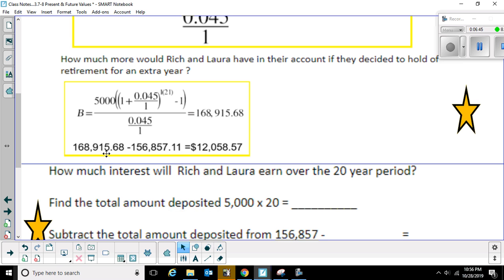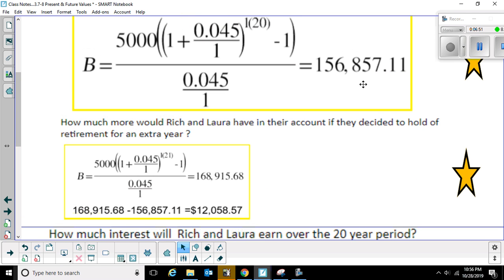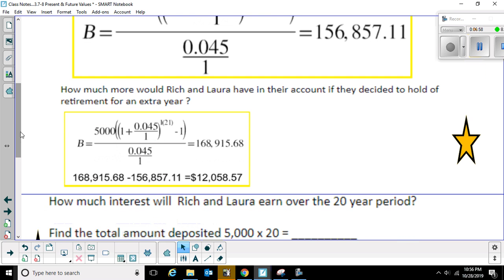Okay, and I would take that second value and subtract it from the value that we got in our first problem and find my difference. In this case, my difference is $12,058.57. Okay, easy peasy. Let's consider the next question.